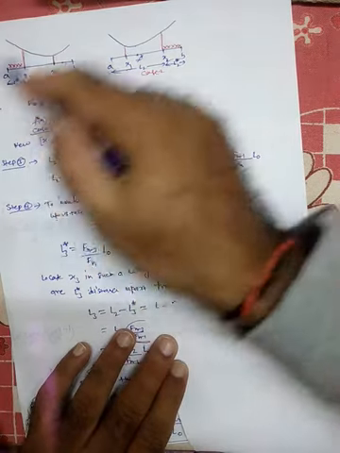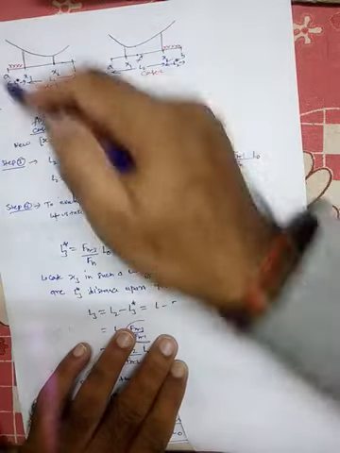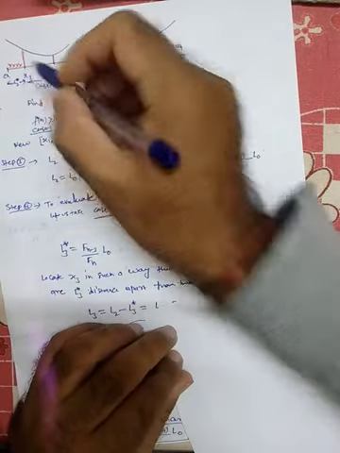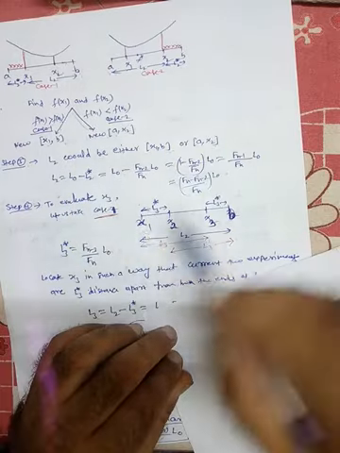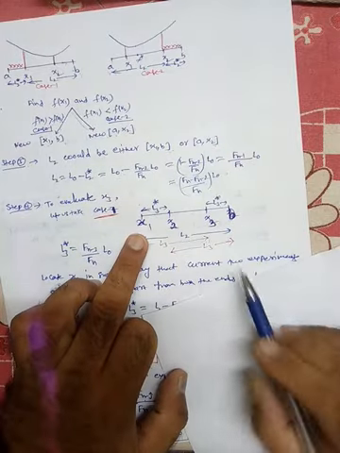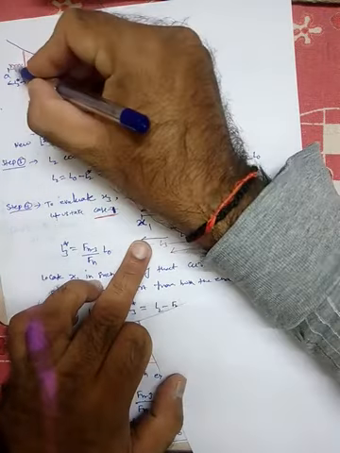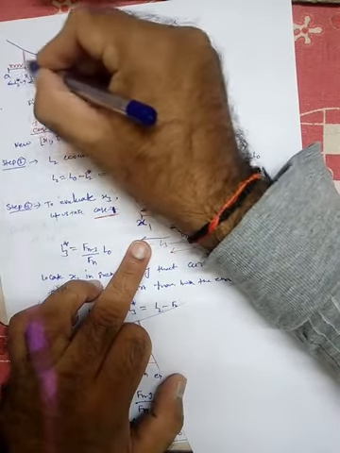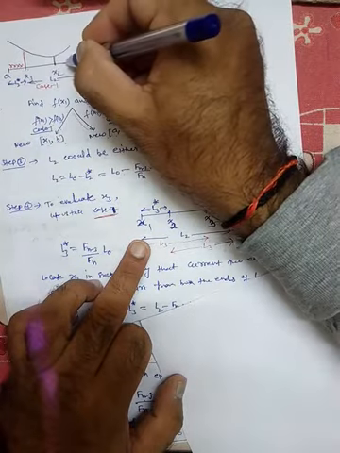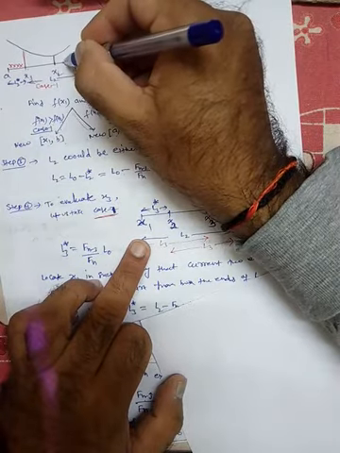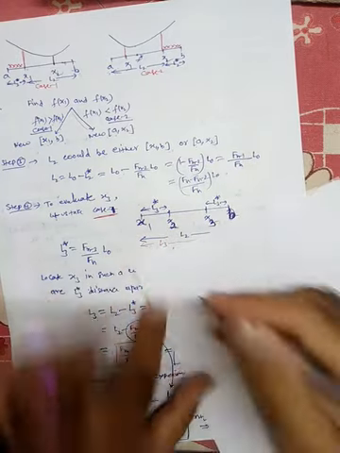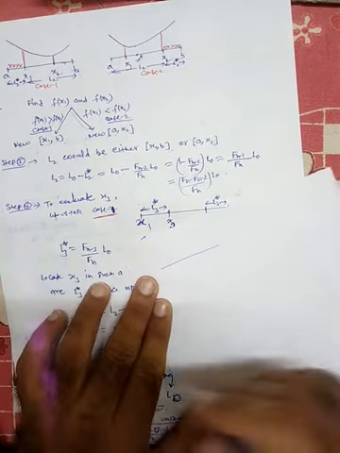Suppose you are taking this case, then after deleting this part we have the interval x1 to b. Since we have eliminated the left hand part, हमने left वाला part delete किया है, so x3 will be inserted in the right hand part. So x3 is inserted here. I am showing you both these cases here.